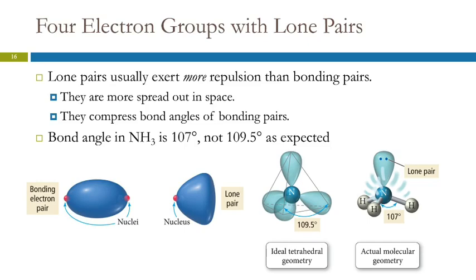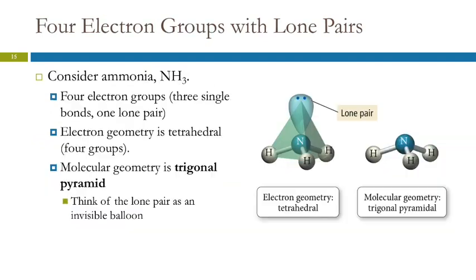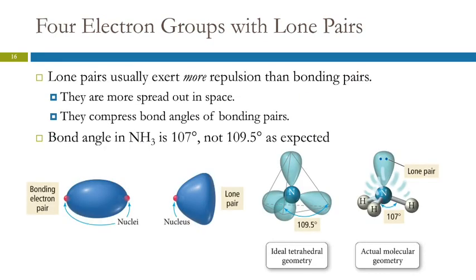That lone pair is actually more repulsive than a bonding pair. We can use this one. So that lone pair sticking up, here we've drawn this sort of like a balloon and made it quite large. This lone pair, even though it's just 2 little electrons there, is more repulsive to these other bonding pairs than they are to each other.